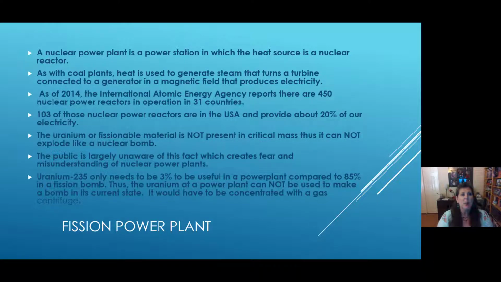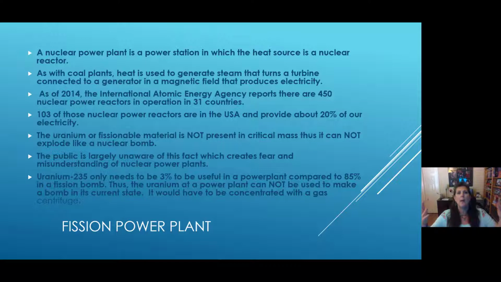So a nuclear power plant is a power station in which the heat source is not burning coal, but the nuclear reaction in the reactor. Just like with coal plants, heat is used to generate steam that turns a turbine connected to a generator in a magnetic field that produces electricity.